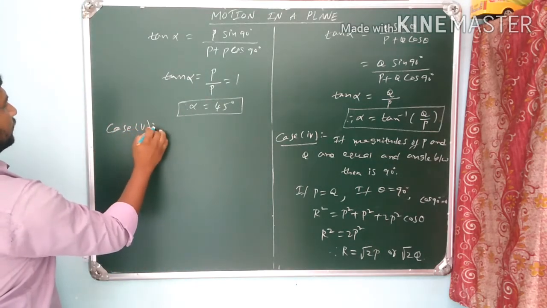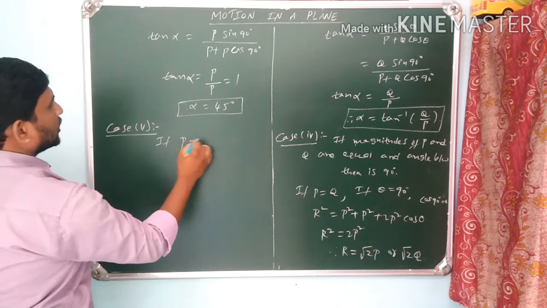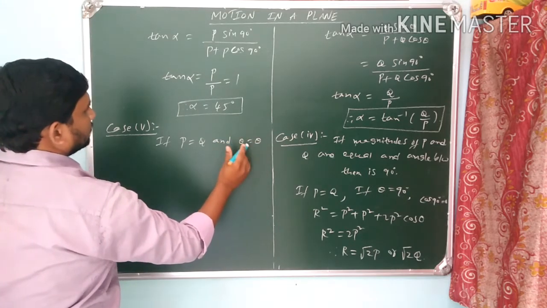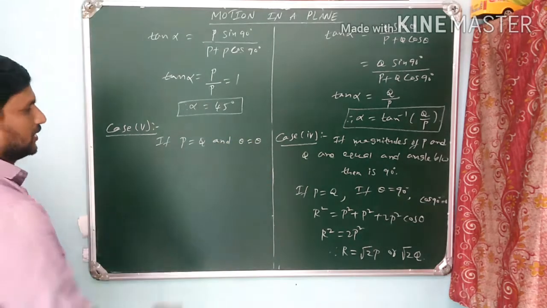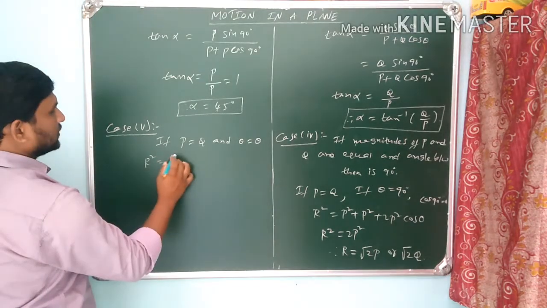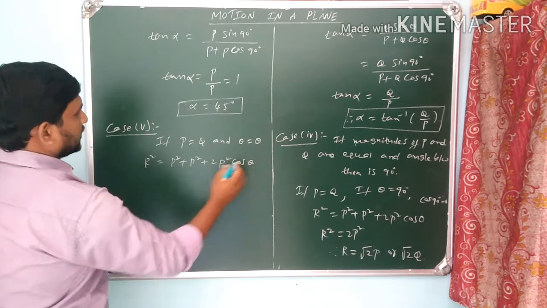Now case 5. If the magnitudes of P and Q are equal and theta is the angle between them, then we are writing R square as P square plus P square plus 2P square cos theta.